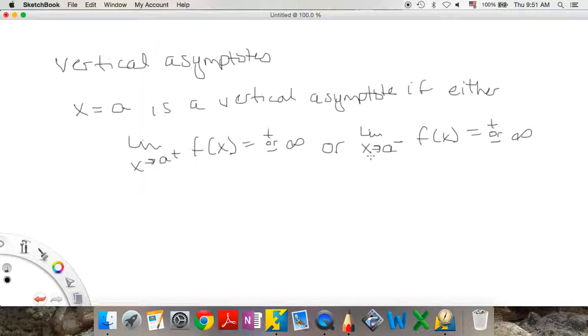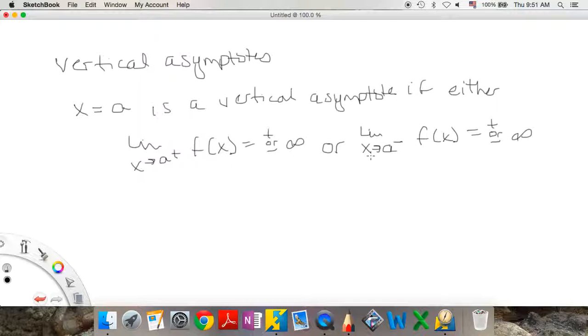So with horizontal asymptotes, we're looking at the limit as x goes to positive or negative infinity. For vertical asymptotes, we're looking at the limit as x goes to a number from the right or the left, and the result is that the function is going off towards infinity or negative infinity, either way.